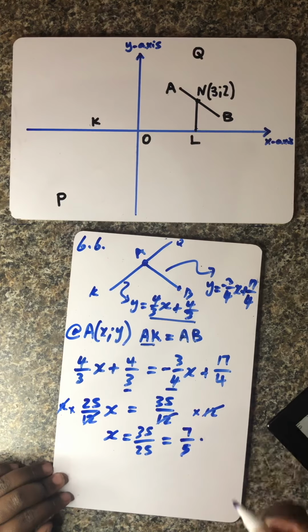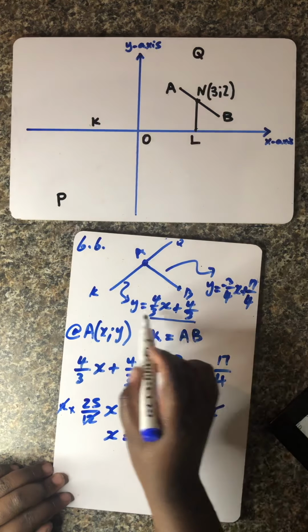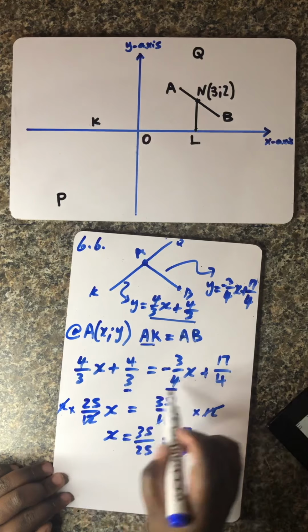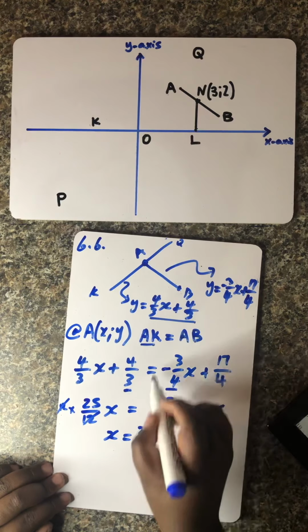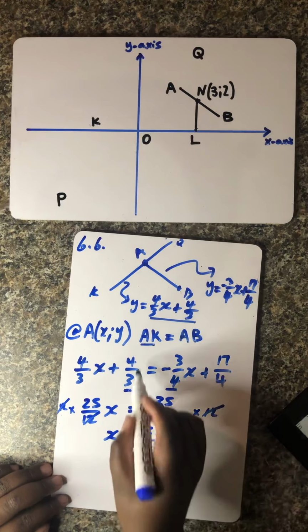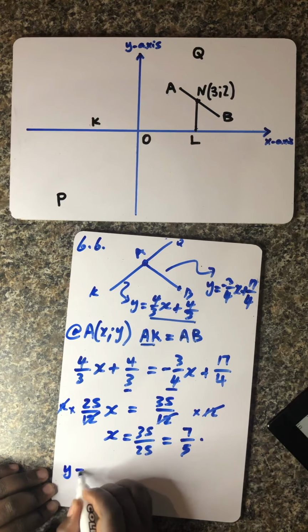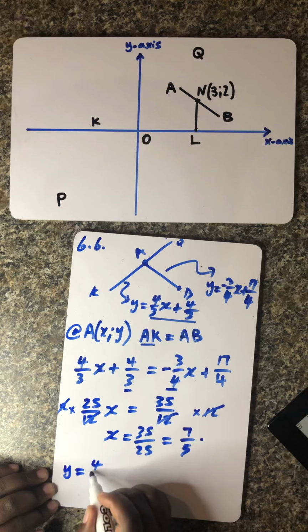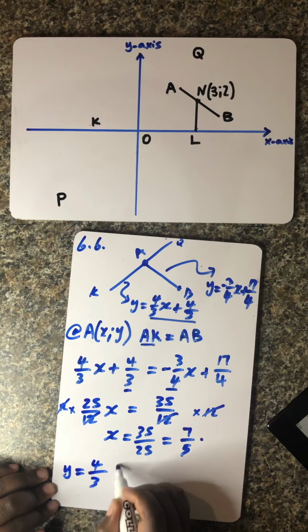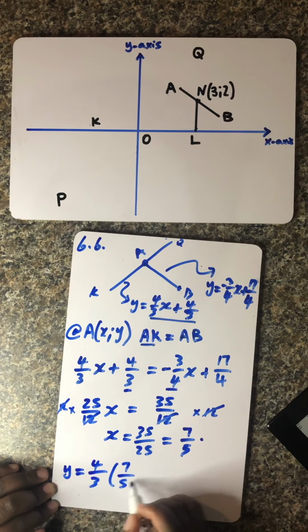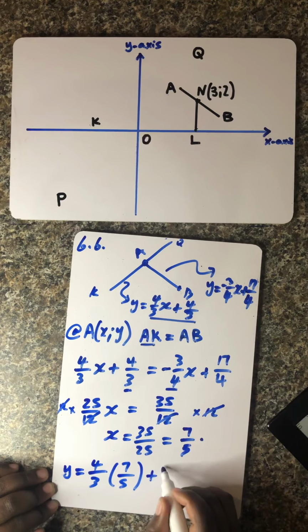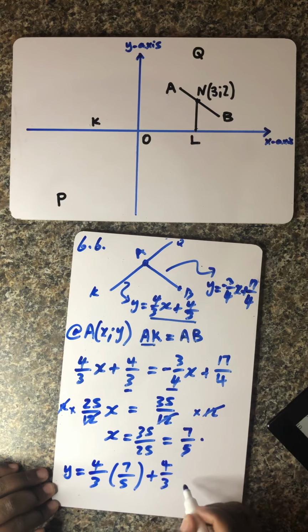So we just need to take this value and substitute either on this equation or on that equation. Let me avoid this one with the negatives and use that one. So the y value equals 4 over 3 in place of x, I just substitute that, plus 4 over 3.